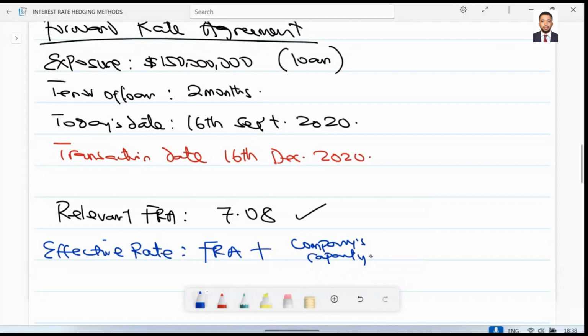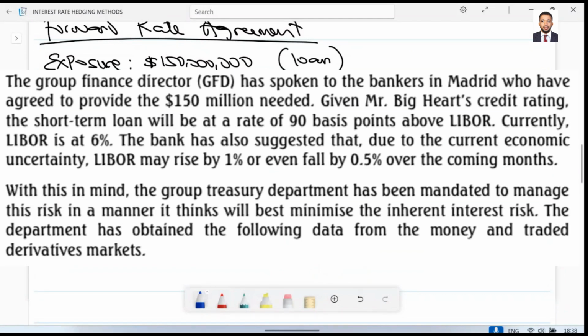Now look at paragraph 3. The group finance director, GFD, has spoken to the bankers in Madrid who have agreed to provide the 150 million needed, given Mr. B's credit rating. Remember, I told you this capacity is determined by your model, the kind of business you do and who you are, right? And then given their credit rating, they said the short-term loan will be at the rate of what? 90 basis points above what? Above LIBOR.